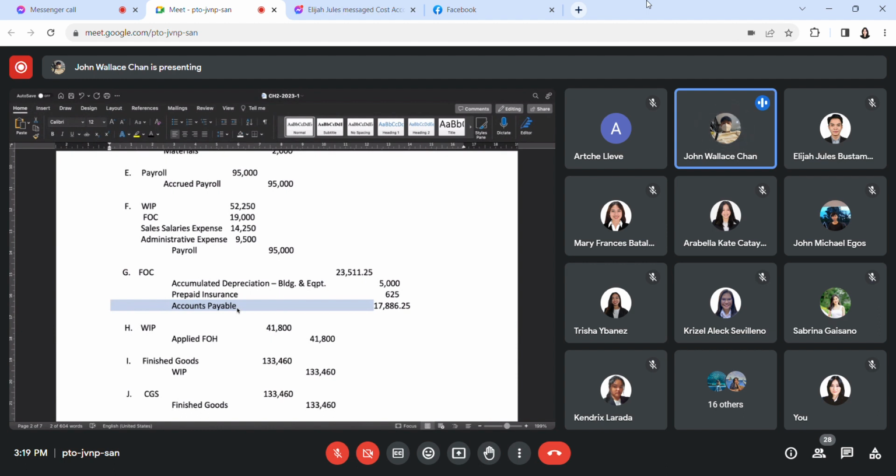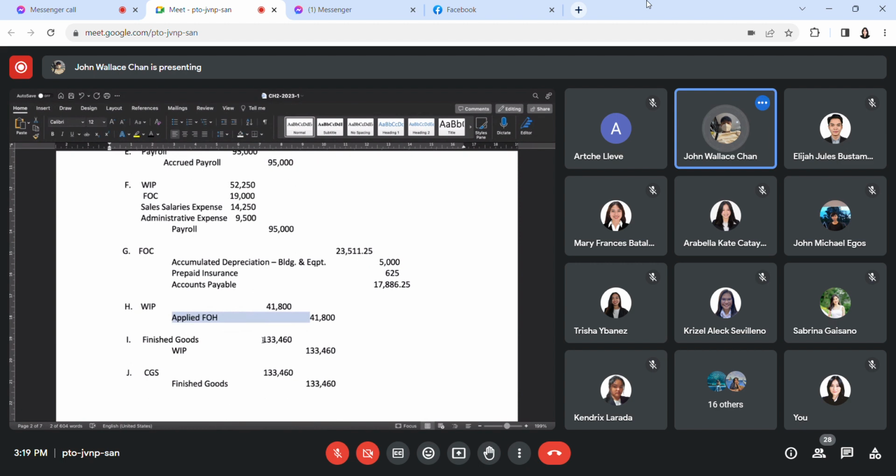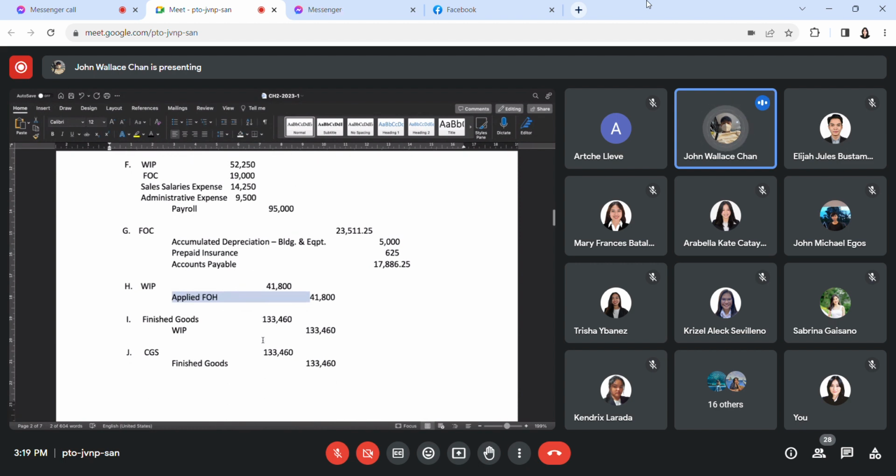80% charged to the 3 jobs in April. So we debit 41,800, and then for applied factory overhead 41,800. And then for letter I, jobs 1, 2, 3, 4 and 1, 2, 3, 5 were completed and transferred to finished goods warehouse.